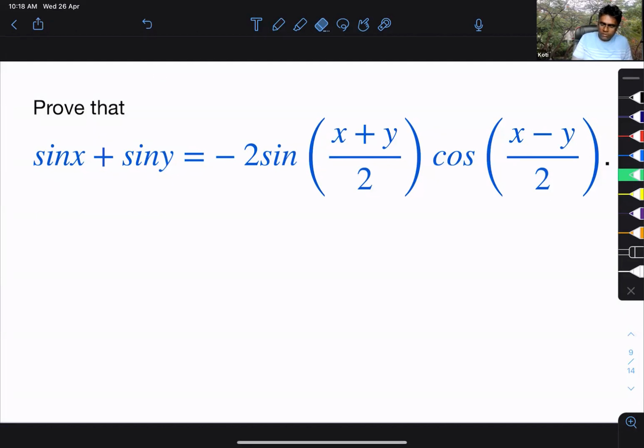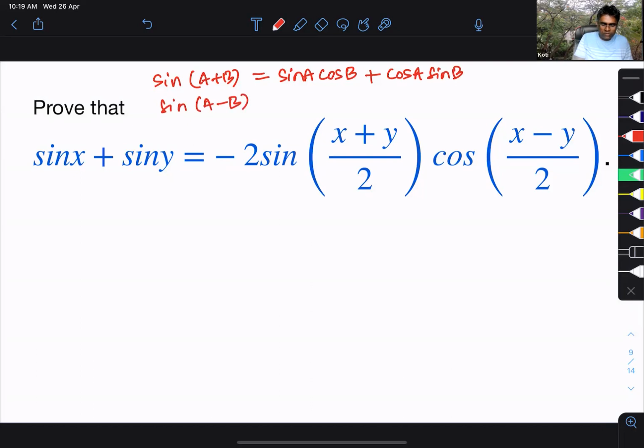Sine of a plus b is sine a multiplied by cos b plus cos a multiplied by sine b, and then sine of a minus b will be sine a cos b minus cos a sine b.